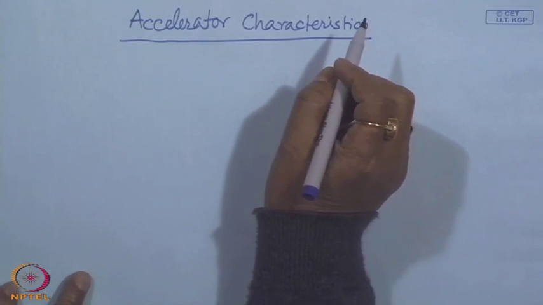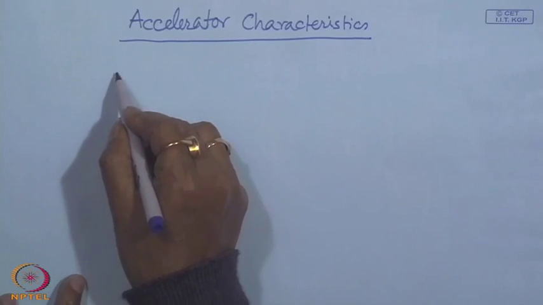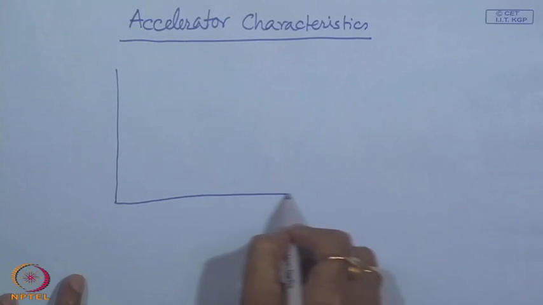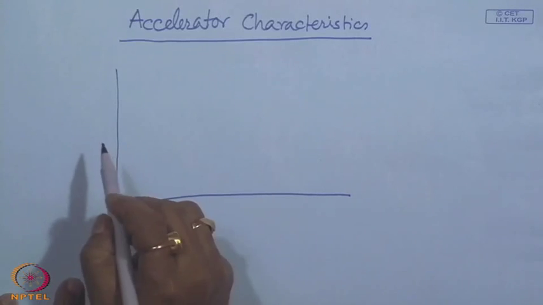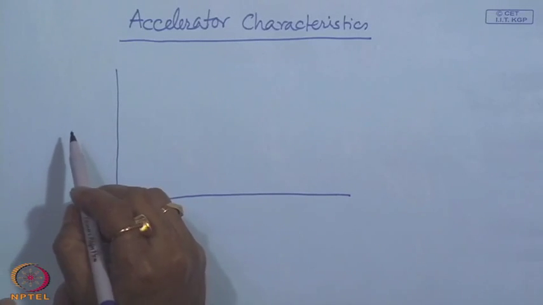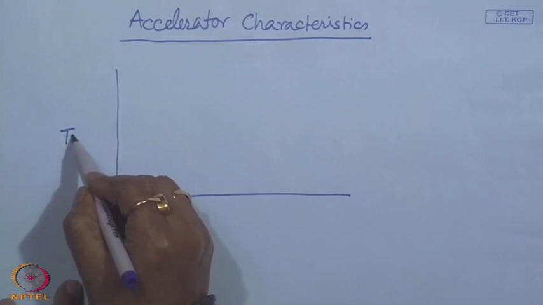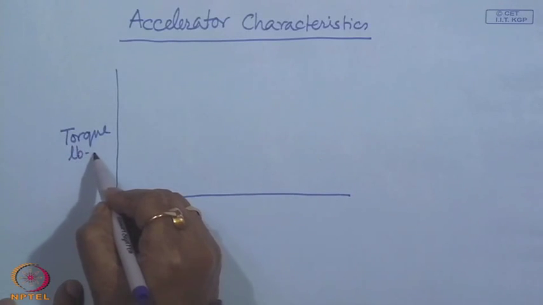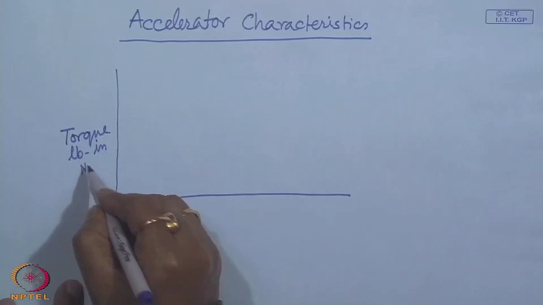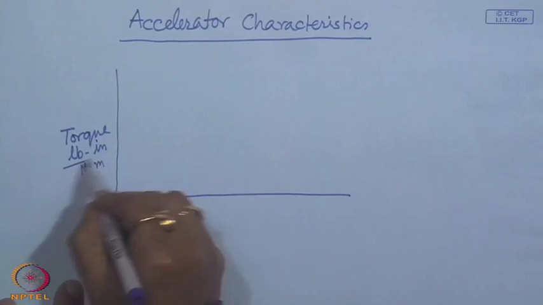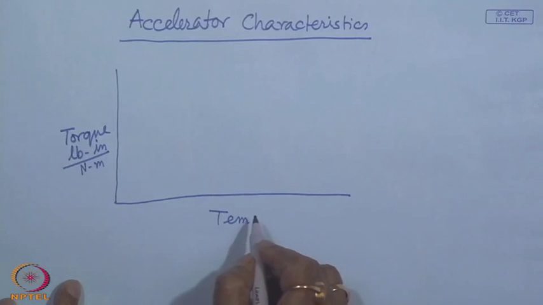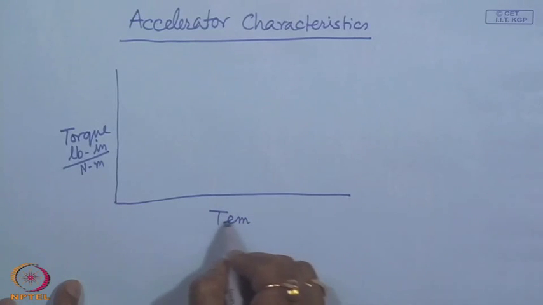Accelerator characteristics can be explained with the help of a rheometer trace, which makes a plot of torque, in pound inch or Newton meter or any units, versus curing time.